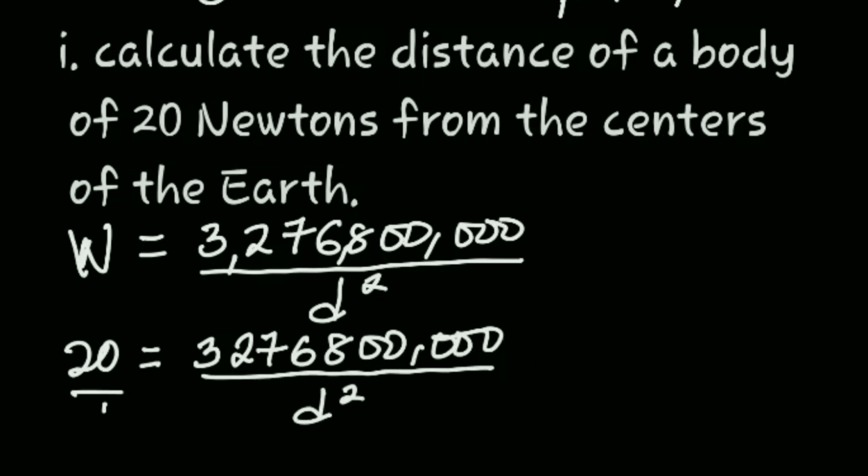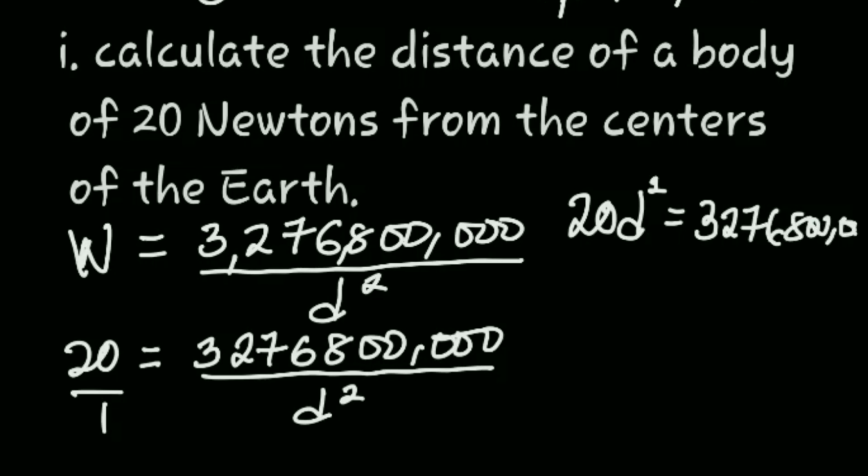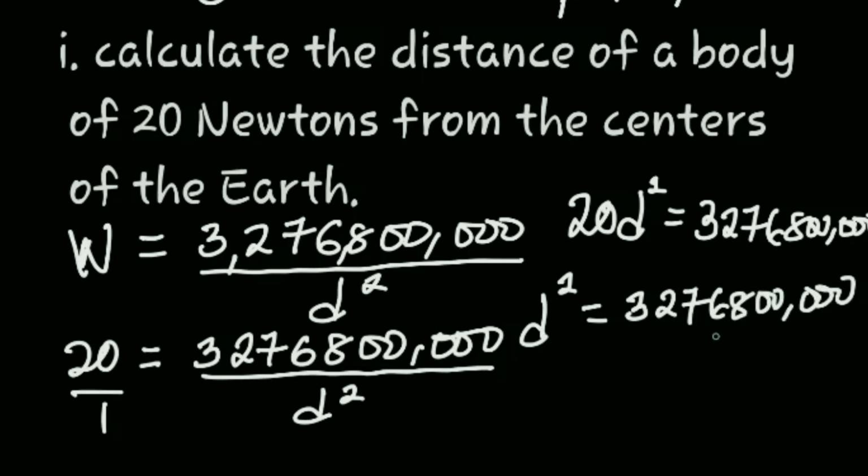When you cross multiply these, we have 20D squared equals 3,276,800,000. And so we have D squared will be equals to 3,276,800,000, all of these divided by 20.